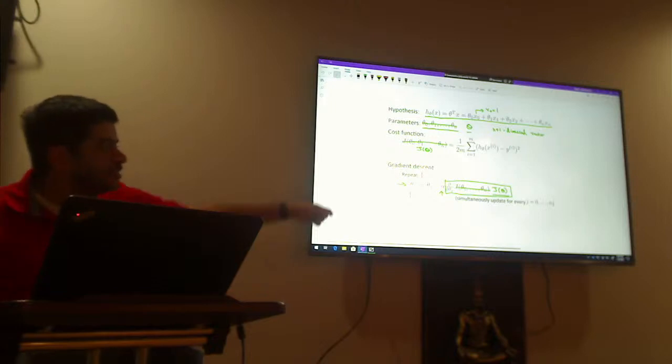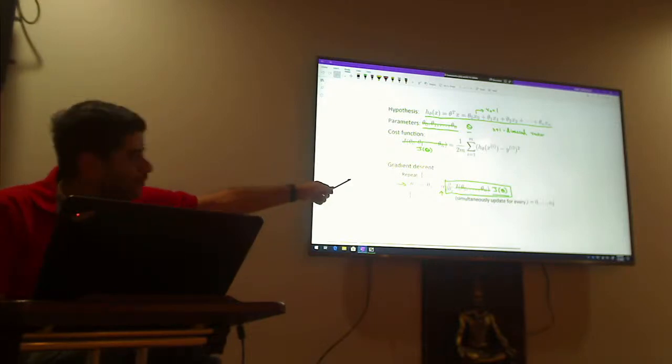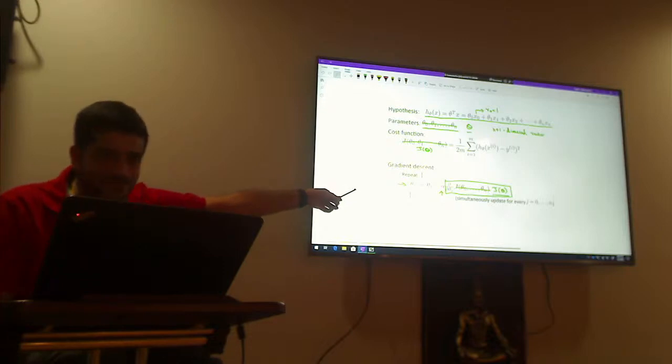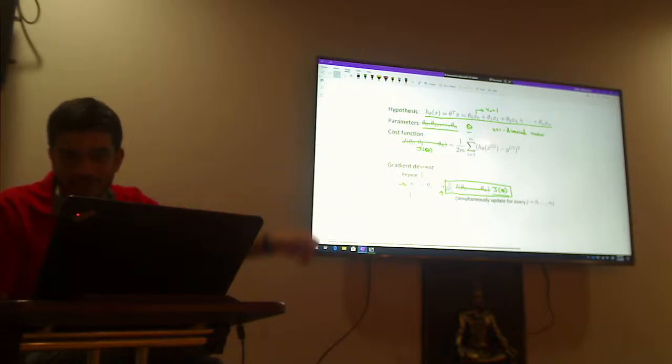Okay, so this is the formula. The gradient descent formula is going to be: repeat for each theta. First you have to calculate theta 0, and then theta 1, theta 2, theta 3, theta 4, theta 5. It will be a loop until theta n.